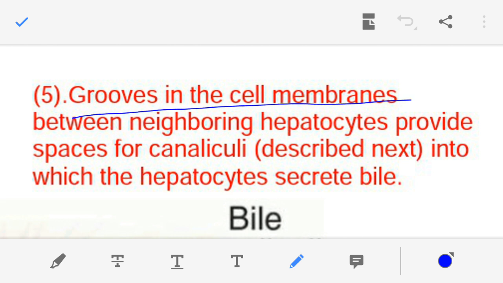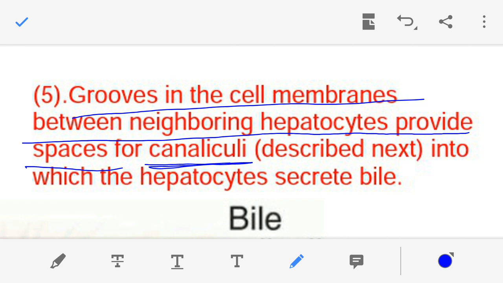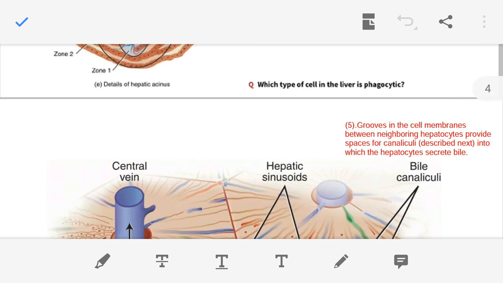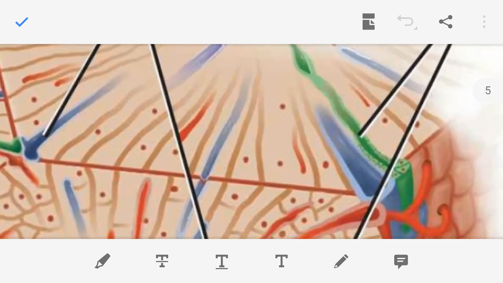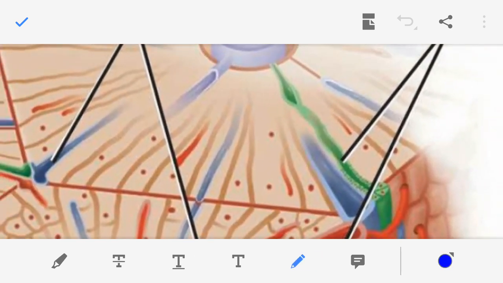Grooves in the cell membranes between neighboring hepatocytes provide space for canaliculi, into which the hepatocytes secrete bile. Here you have to imagine, this is the hepatocyte cell, this one is the hepatocyte, and this side I am also showing.